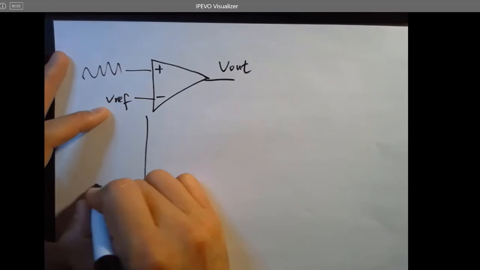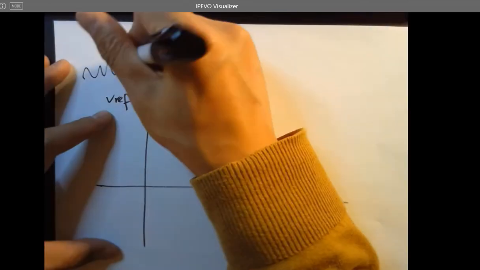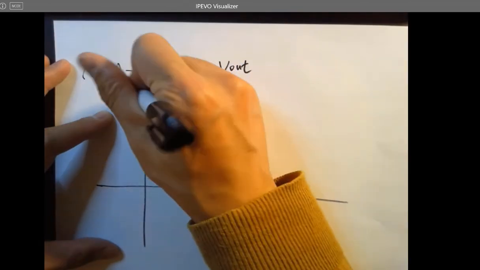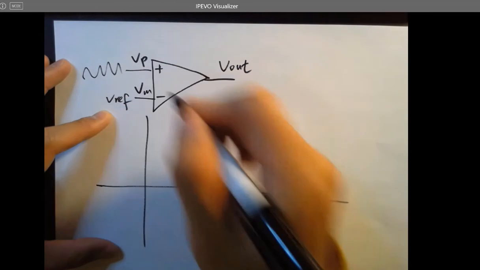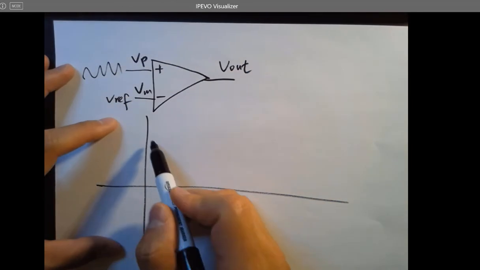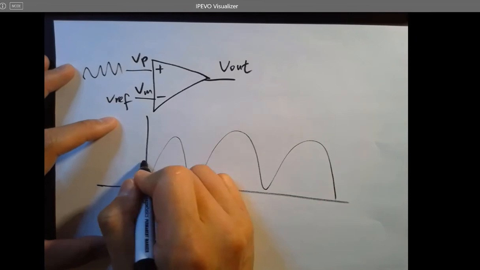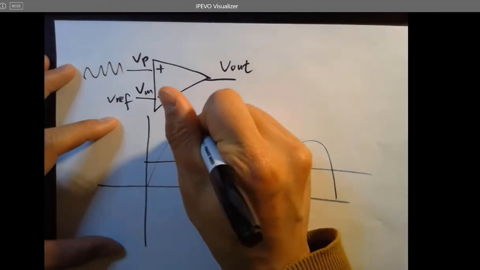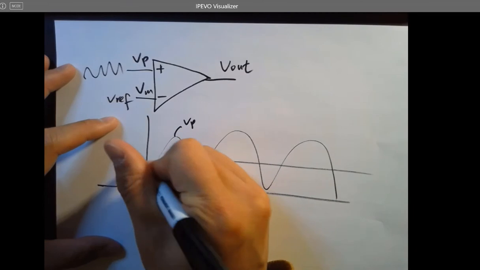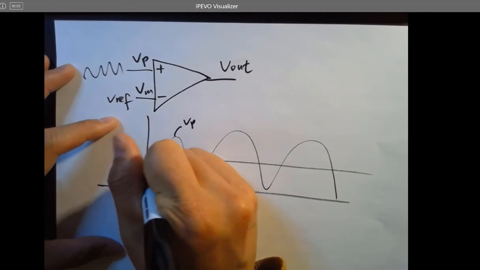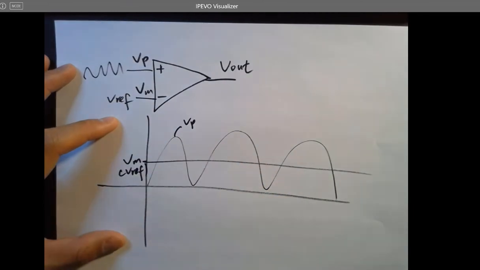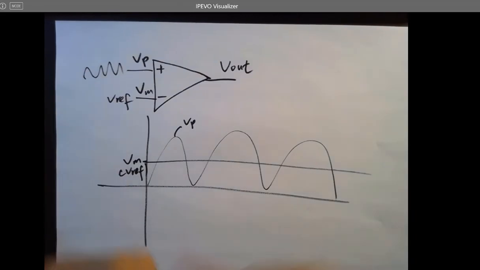If I plot this VP, that's V plus, and V minus, if your VP is a signal like this, and your VM, or Vref, is a signal like this, the V out will be a digital signal.